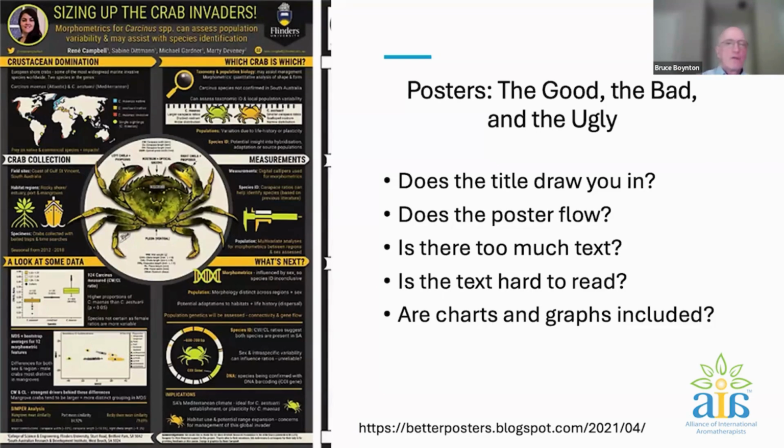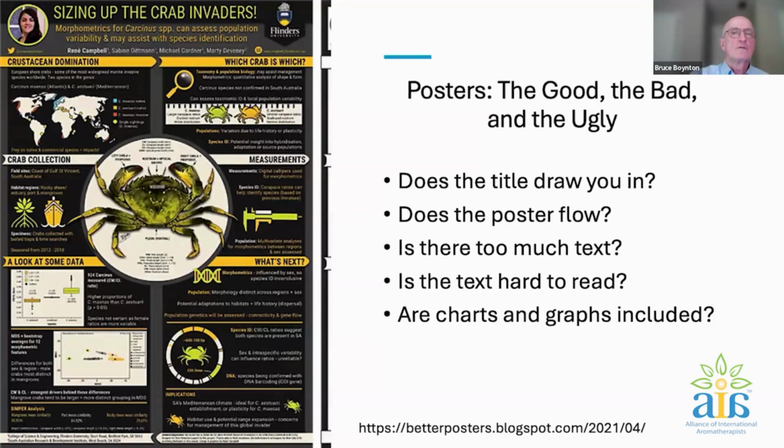Now, on the left is what I think is an outstanding poster. Let's look at the title, Sizing Up the Crab Invaders. Well, that's gonna attract my attention, but as a subtitle, she has this scientific morphometrics for Green Crab species can assess population, blah, blah, blah. All right. Does it flow?